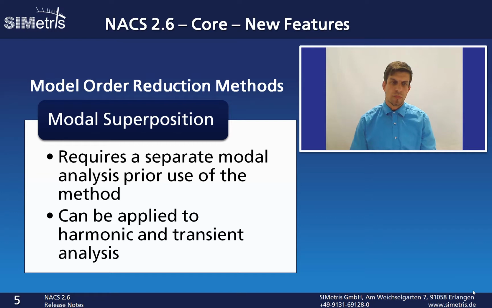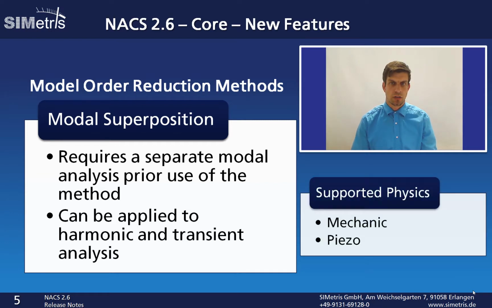We can apply this technique to harmonic as well as to transient simulations. Currently we support the following physics: on the one hand pure mechanics simulation and the coupled piezoelectric analysis.